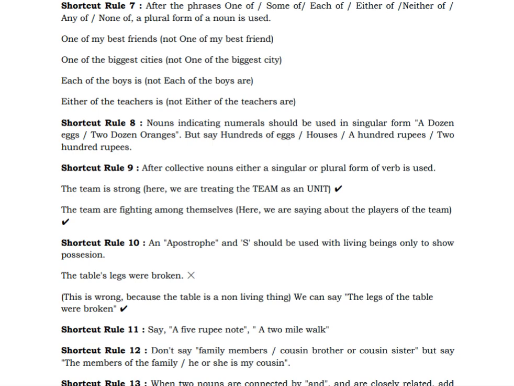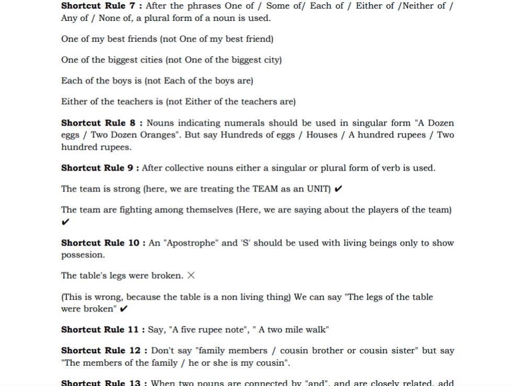So now we'll go ahead with the rules of noun, and very important rule, that's rule number 7. When we use one of, which appears quite often in the examination, what should follow? What noun should follow? What form should the noun be?